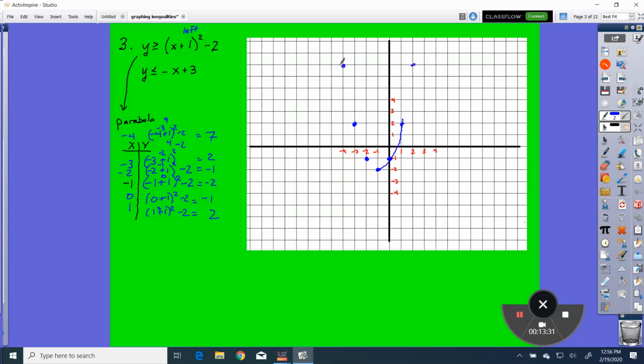That one's the same. So that's what it looks like. Greater than, the y's inside of here are bigger than the y's down here. So that's going to be shaded inside of there. So I shade inside of there.